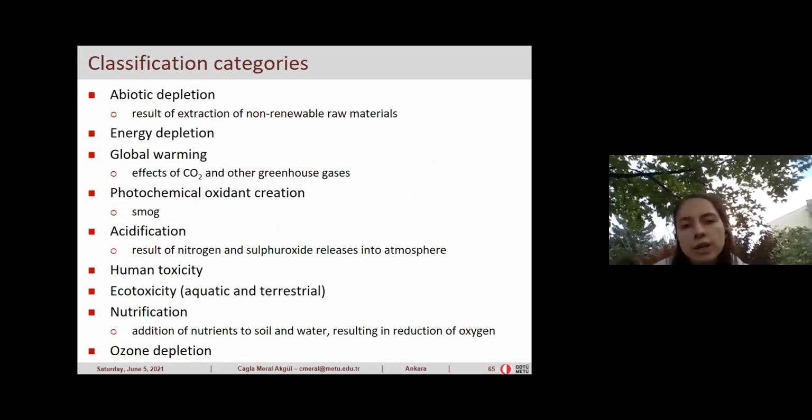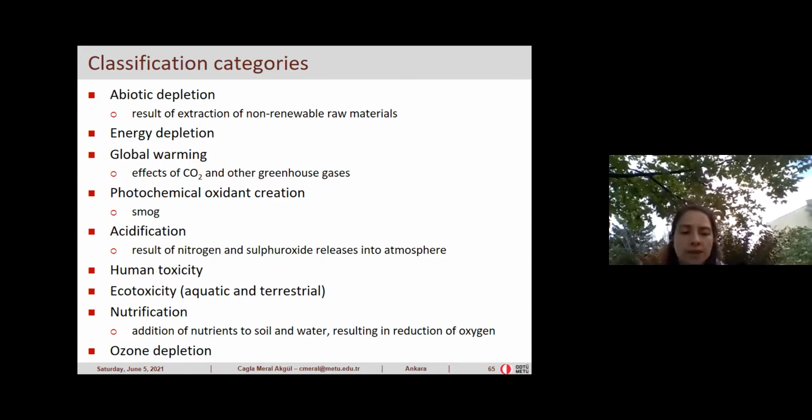When you look at the classification of categories, actually, each of them is different. We have abiotic depletion, basically the result of extraction of non-renewable raw materials. We have energy depletion. We have global warming, effects of carbon dioxide and other greenhouse gases such as methane. We have photochemical oxidant creation, smog.